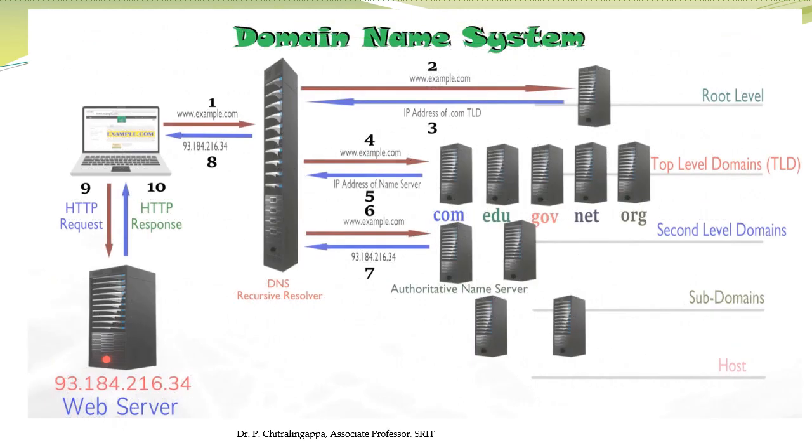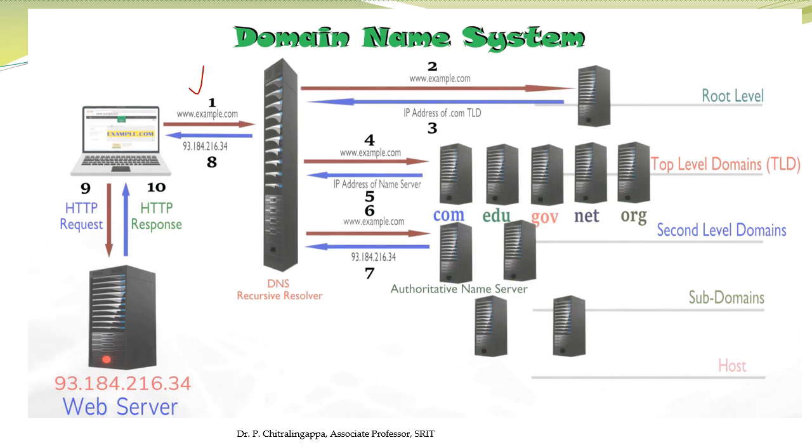This is one process of how domain names are converted into an IP address. Step one: whenever we enter www.example.com, it is received by the DNS recursive resolver. Next, it is sent to the root level. From the root level, we get the IP address of the top level domain .com.